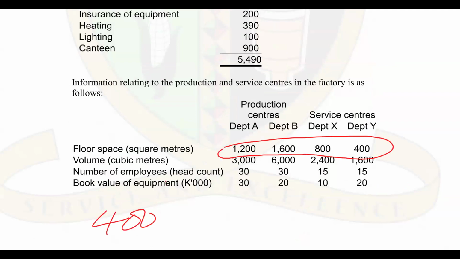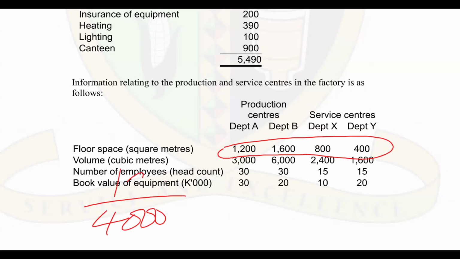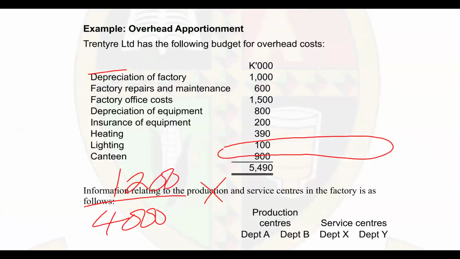So we want to allocate to department A. The floor area space for department A is 1,200, times what we are allocating, the depreciation, this amount. So you multiply by 1,000. That gives you 300 to department A. You've got it?